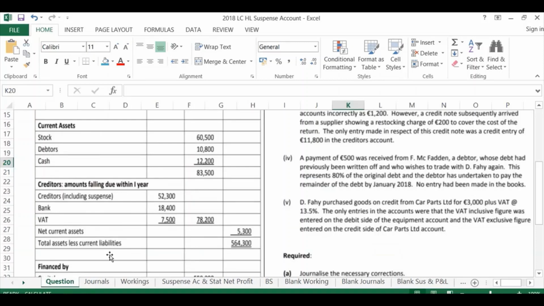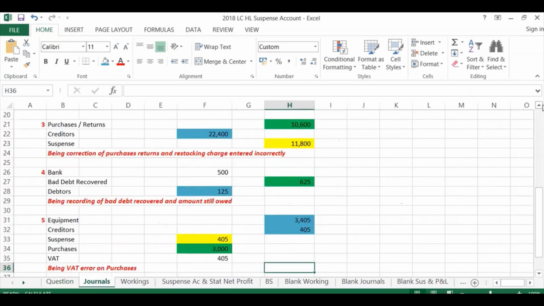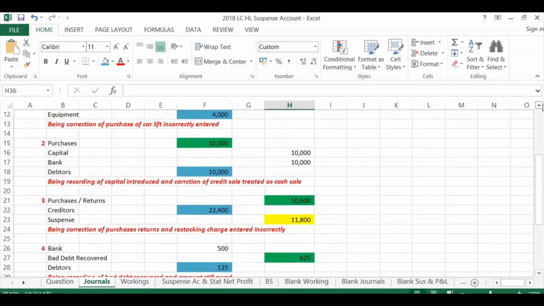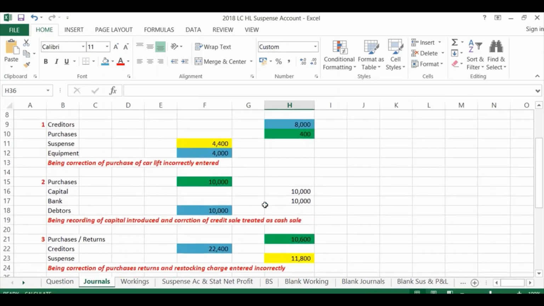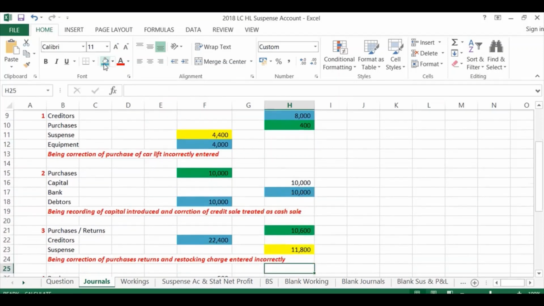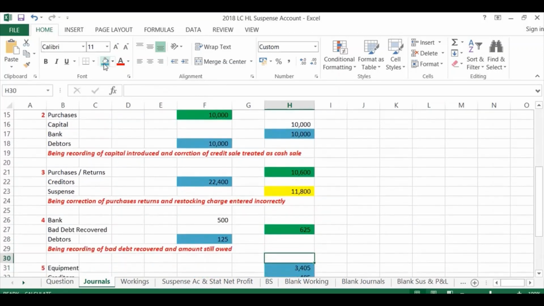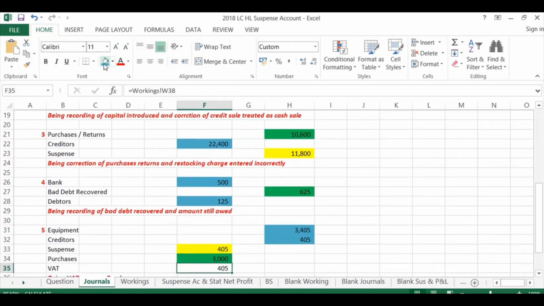Bank overdraft. Bank overdraft originally was 18,400, and again there were some journals for bank, so we have to account for those. So bank overdraft is a liability, which is a credit balance, so that credit 10,000 is going to increase my overdraft, so I'm going to add that 10,000, and I'm going to take away that 500 because the debit balance will reduce it.